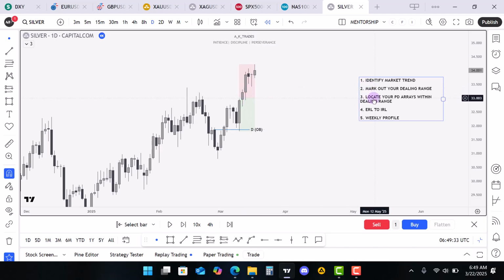So the next thing on the list is to locate our PD arrays within this dealing range. So let's mark them out.